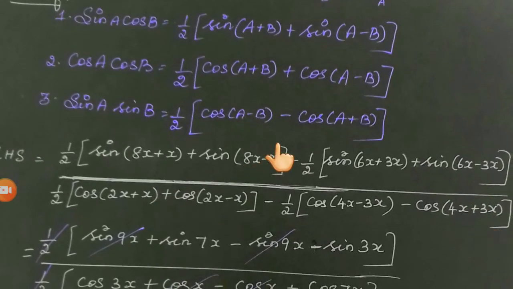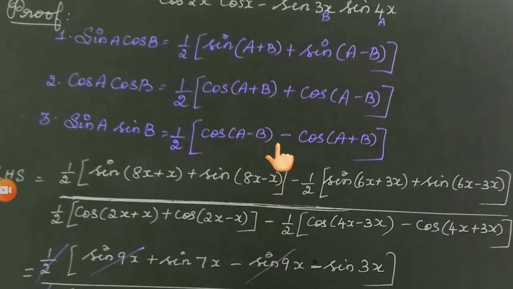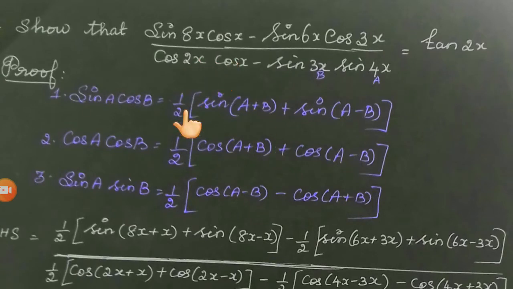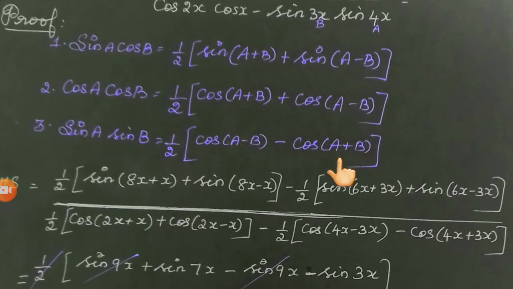And again in the denominator, we have cos 2x cos x. The cos a cos b identity is half of cos of (a plus b) plus cos of (a minus b). Here a is 2x and b is x, so we write cos of (2x plus x) plus cos of (2x minus x).